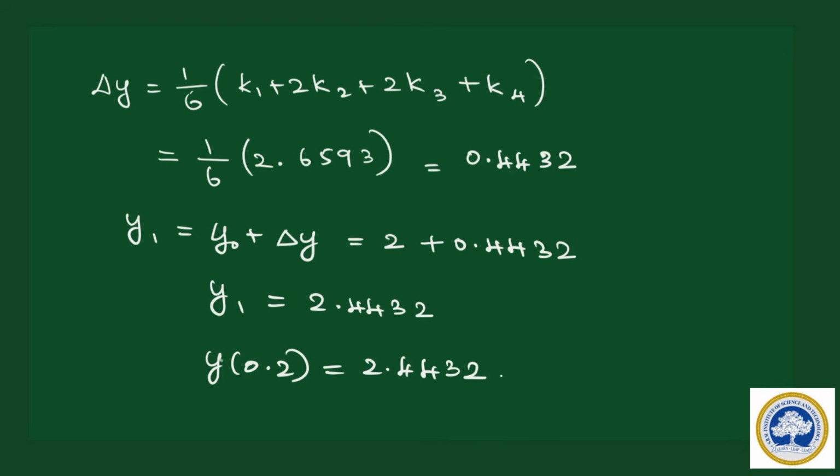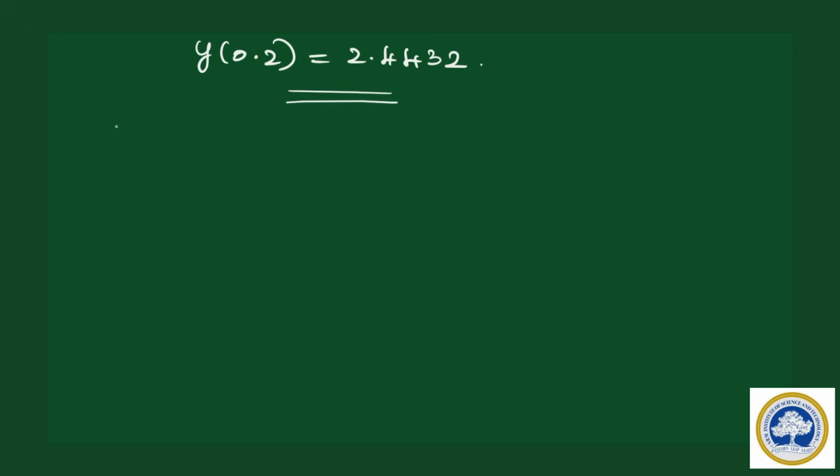So likewise similarly we have to calculate y of 0.4 by assuming 0.2 as x1 and 2.4432 as y1, and then we have to use the same steps and calculate. Now let us find y of 0.4 using Runge-Kutta method of 4th order.